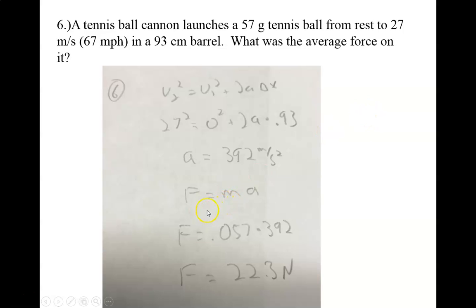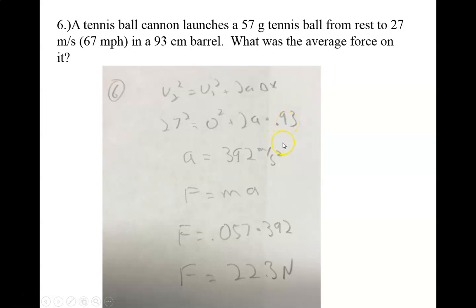Okay, so I want to know the force, which means I'm going to be using F equals ma. Now I know the mass is 57 grams, or 0.057 kilograms, but I need to know the acceleration. Going back to the first unit, we know that it gets to a final velocity of 27 meters per second starting from rest, and it does so over a displacement of 0.93 meters, the 93 centimeter barrel.